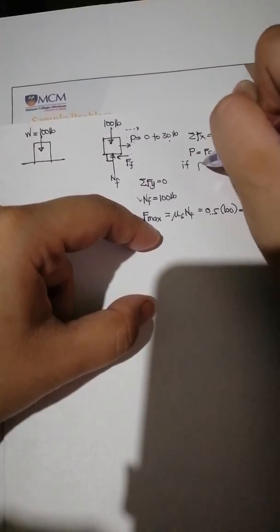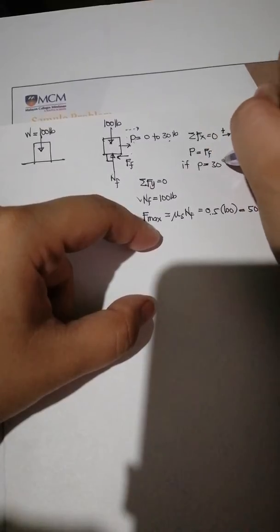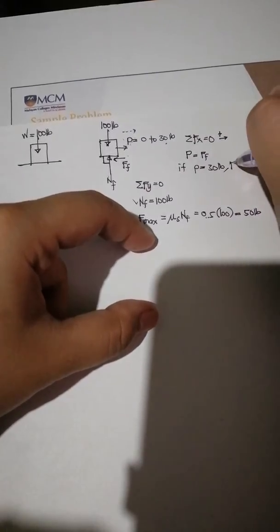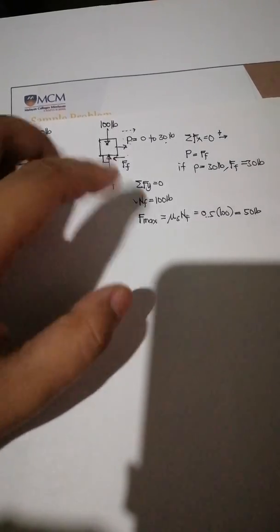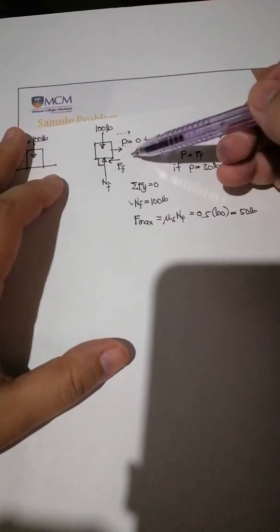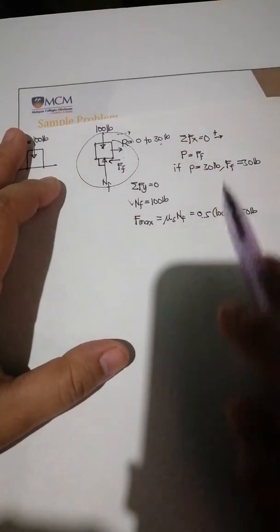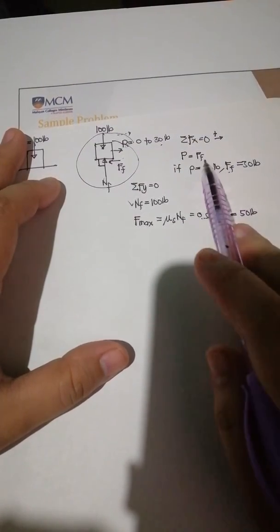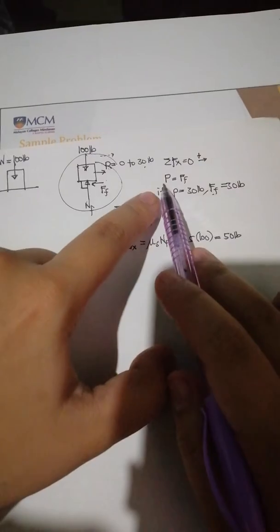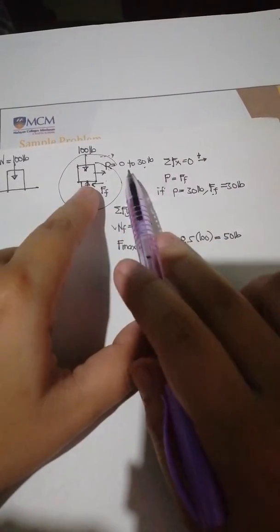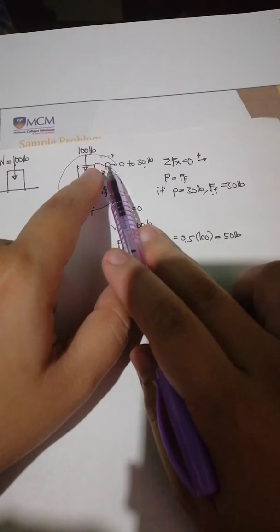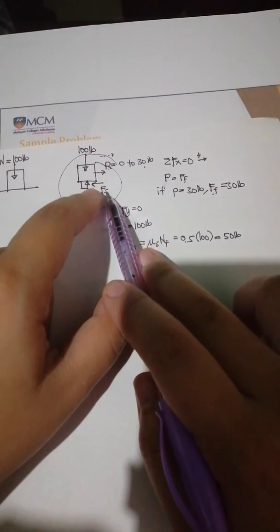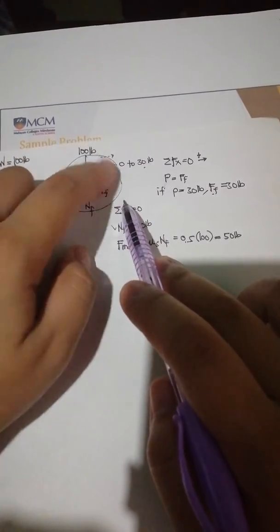So if P is at its maximum value, which is 30 pounds, then the friction force developed is also 30 pounds. Assuming that this is static, our friction force is simply equal to the force P applied. Whatever the value of P is, that's also the value of the friction force in this diagram.